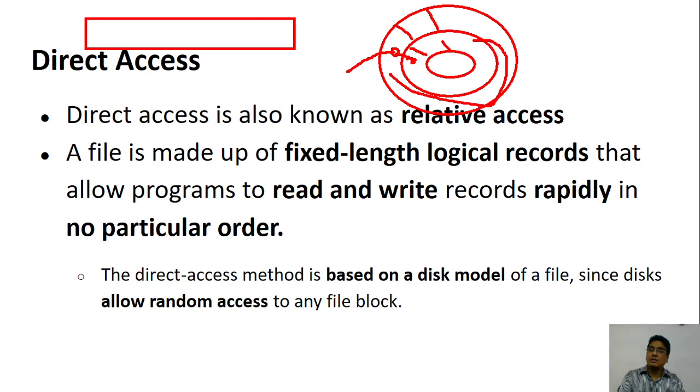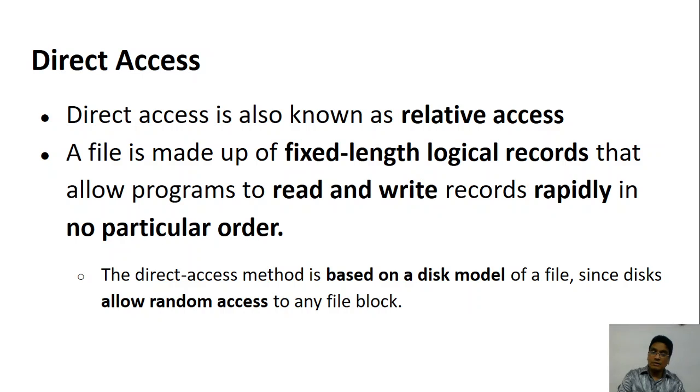Look at the tape. If you are here, then you have to read all of them and reach here. Whereas in this location, instead of reading this whole thing, you can simply jump to the other track. This is direct access.